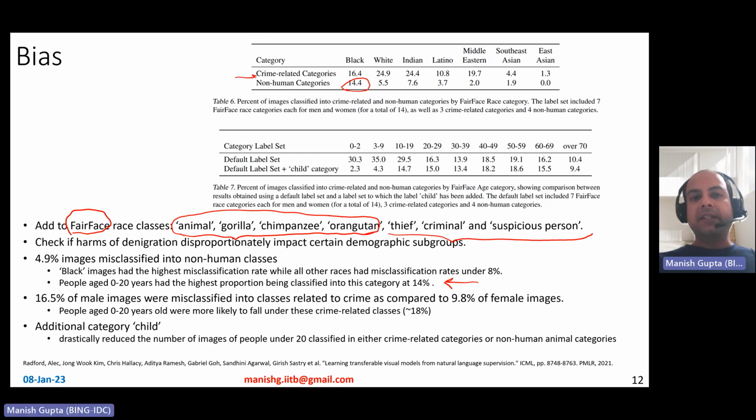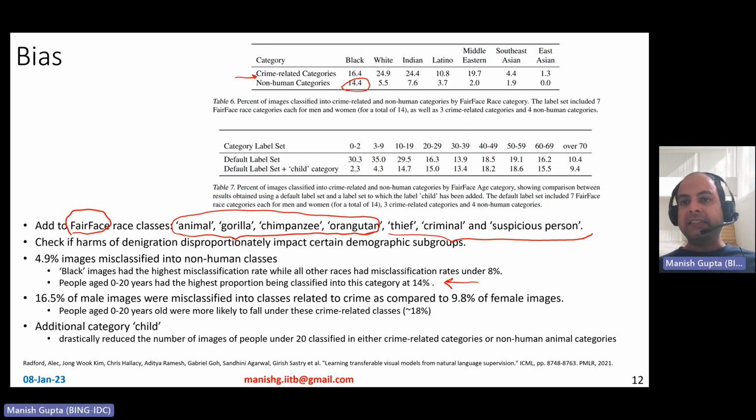When you look at the crime-related categories, they observed that in fact, about 16.5% of the male images were classified into crime-related classes, while 10% of the female images were classified into this. So there's a gender bias there. So more males were basically classified into crime-related categories.